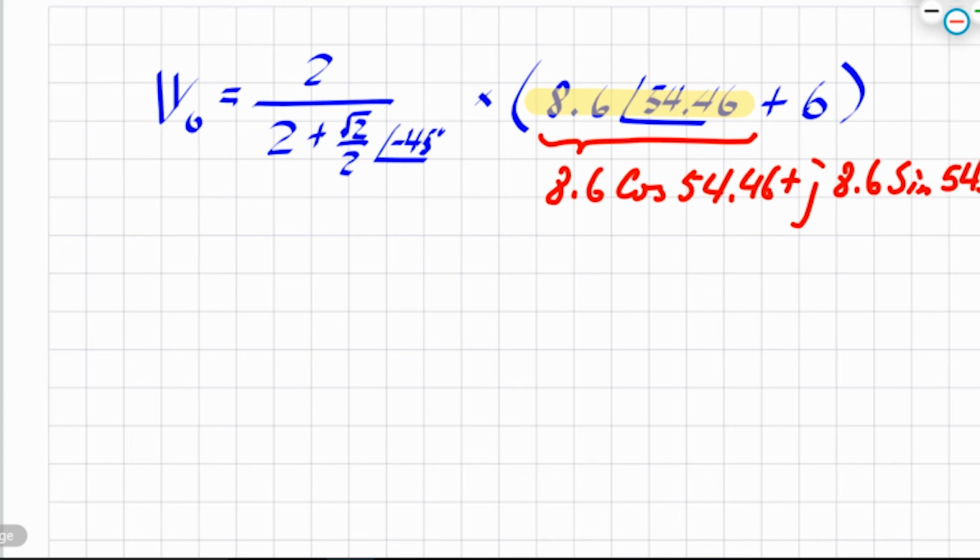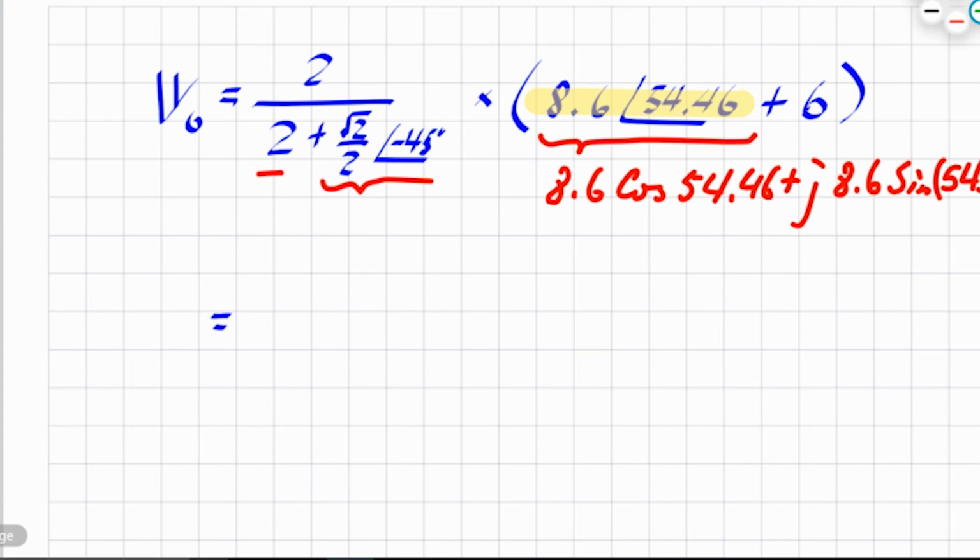So we need to be very familiar with the conversion back and forth. And we are also facing the same thing here. This is a real number, and this one here is a phasor expression. And so we again need to convert that into a rectangular expression.